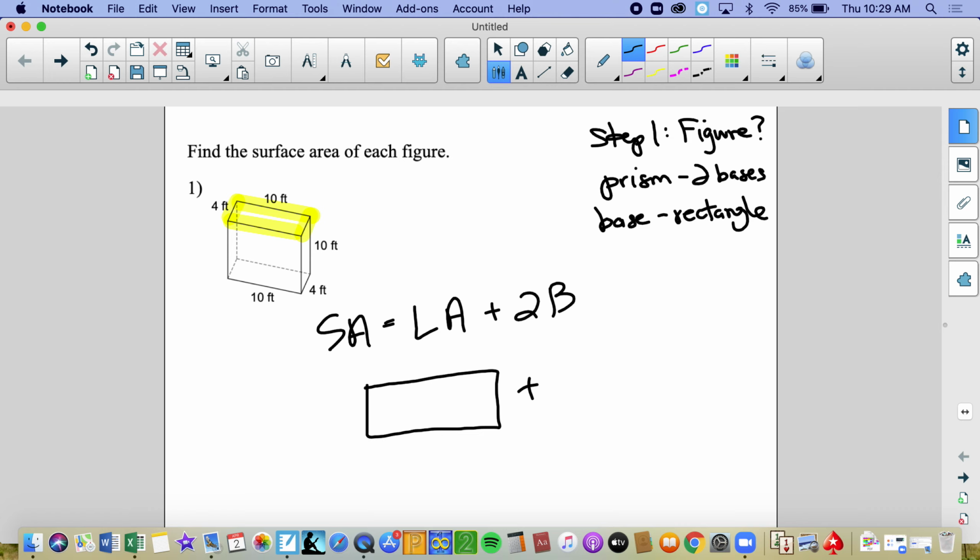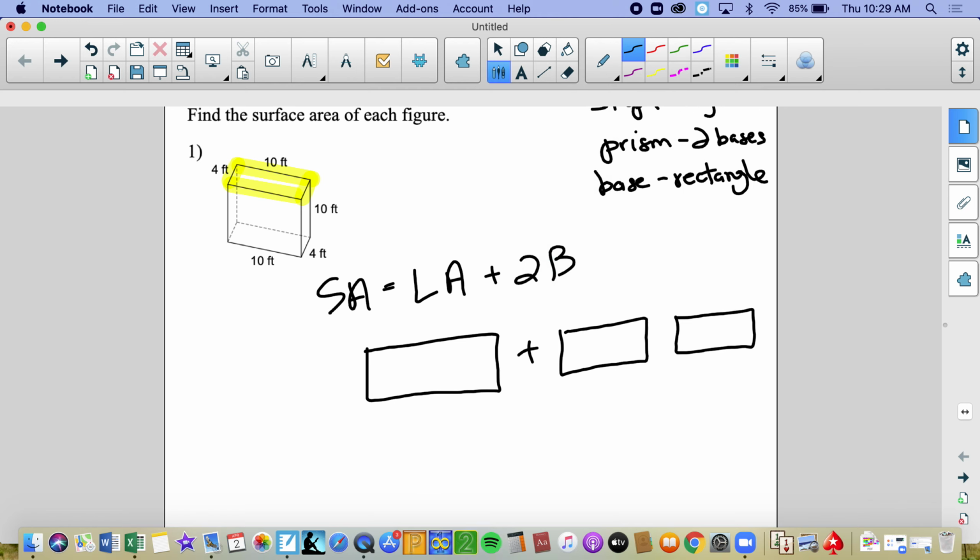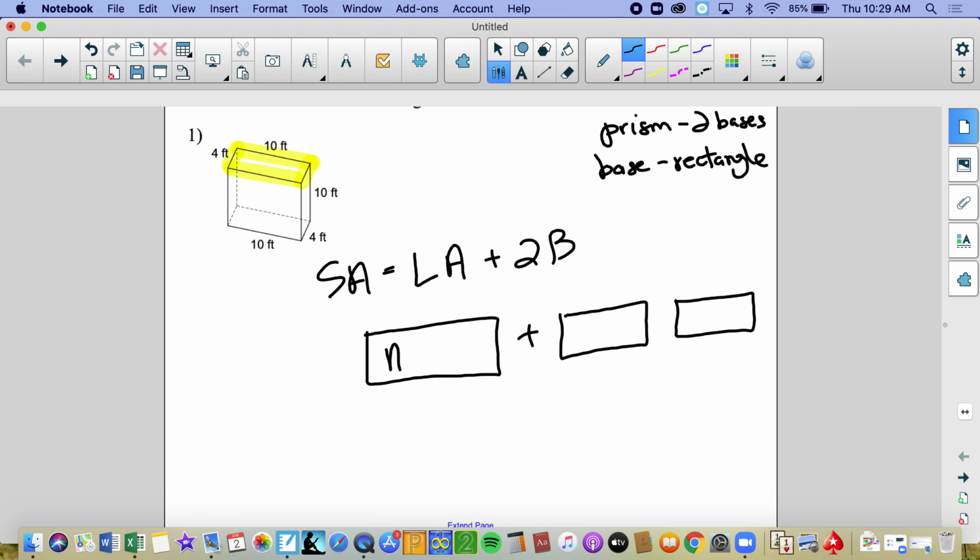We know the base is a rectangle, so we're going to have two of these rectangles as my bases. We know the shape of this is a rectangle, so the area is going to be base times height.